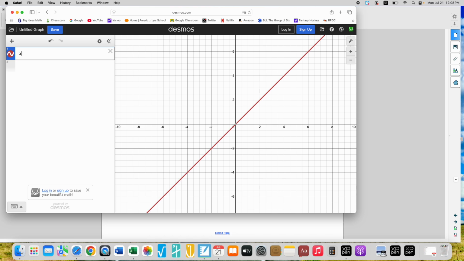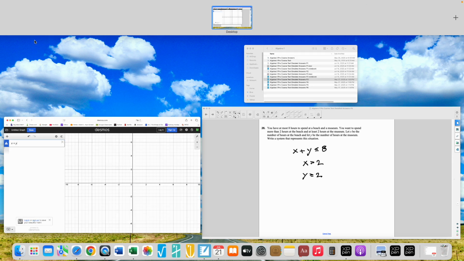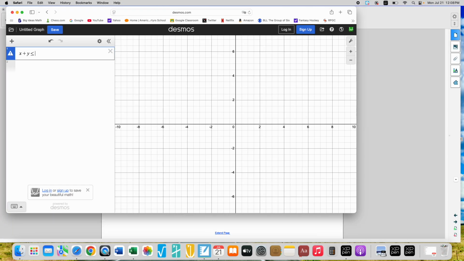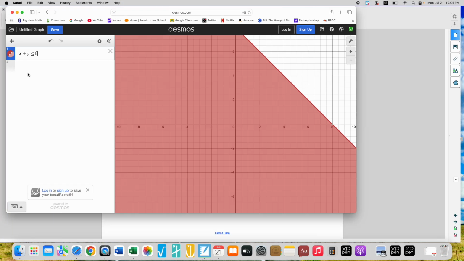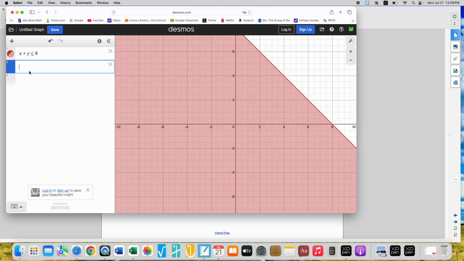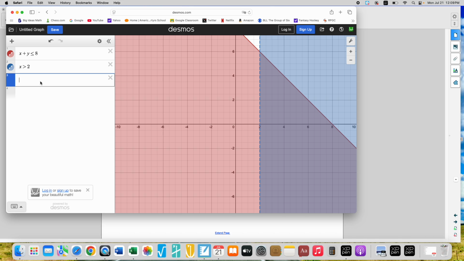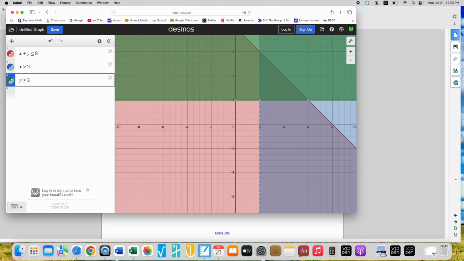Let's do x plus y is, what did we say? Less than or equal to 8. Boom, that's that. x is greater than 2. That's a third graph. And then y is greater than or equal to 2.